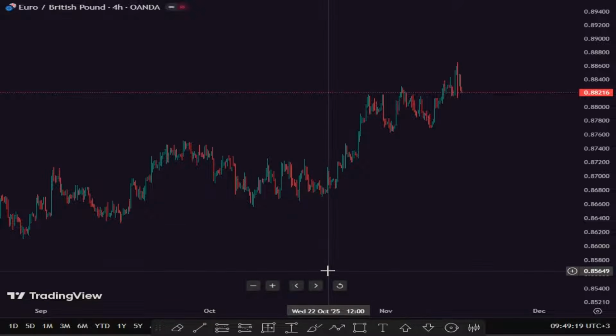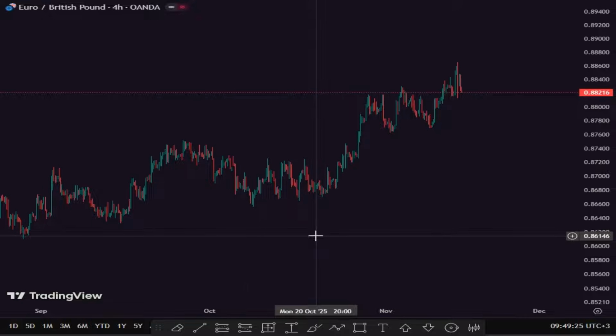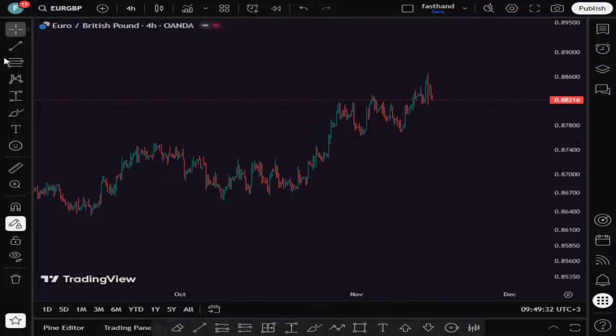So the easiest thing, let's not do mathematics here, right? The easiest way to do pips calculation, let me just show you. Over here you have your tools right here, right? Mine are here because these are the favorites that I do use basically, and so I don't need to go all through this, right?